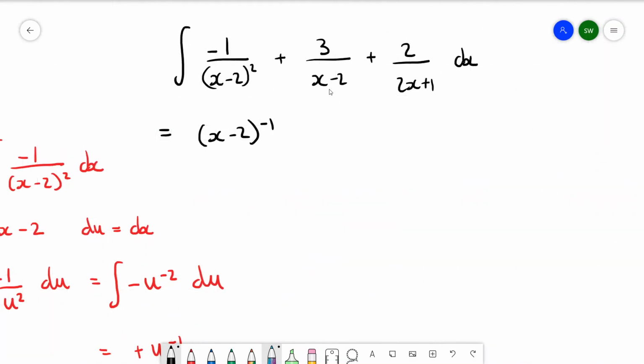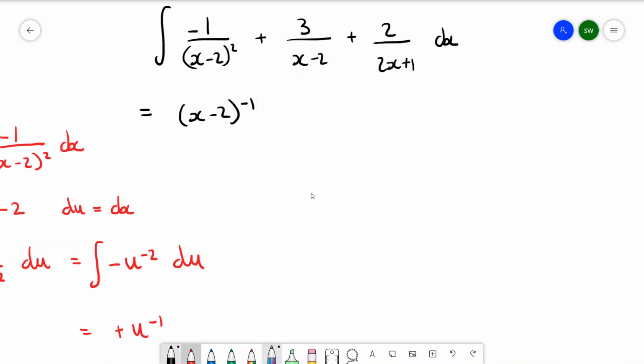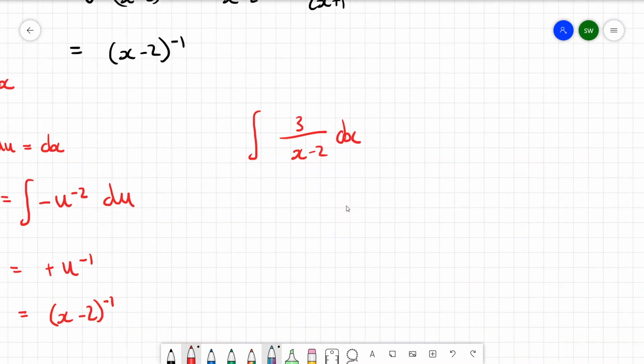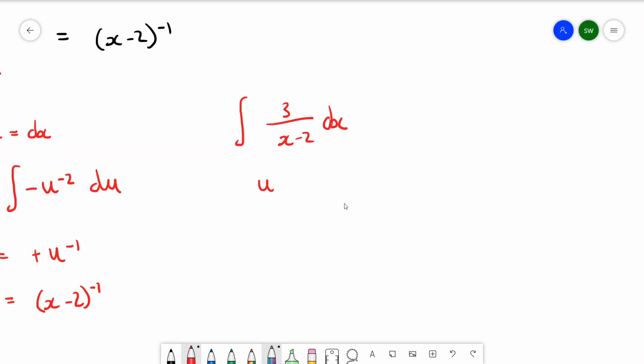Next, let's integrate 3 over x minus 2. So again, we can do a u substitution. So let's say u is equal to x minus 2. So our integral is going to be 3 over u. And again, we're going to have du equals dx, because du by dx equals 1.